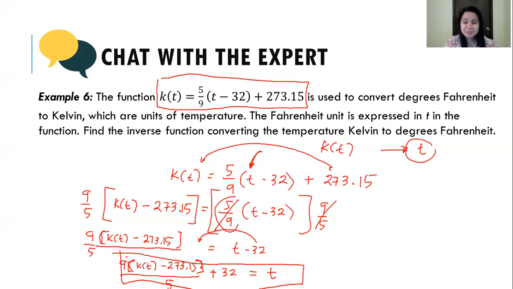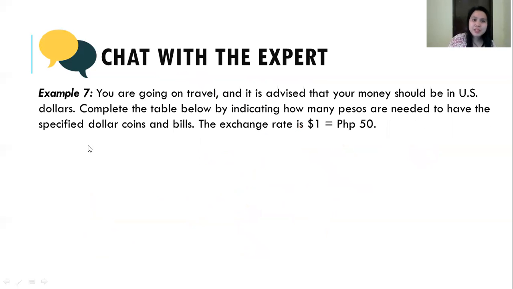How about for the next problem? In the next problem, you're going on travel, and it is advised that your money should be in US dollars. Complete the table below by indicating how many pesos are needed to have the specific dollar coins and bills.